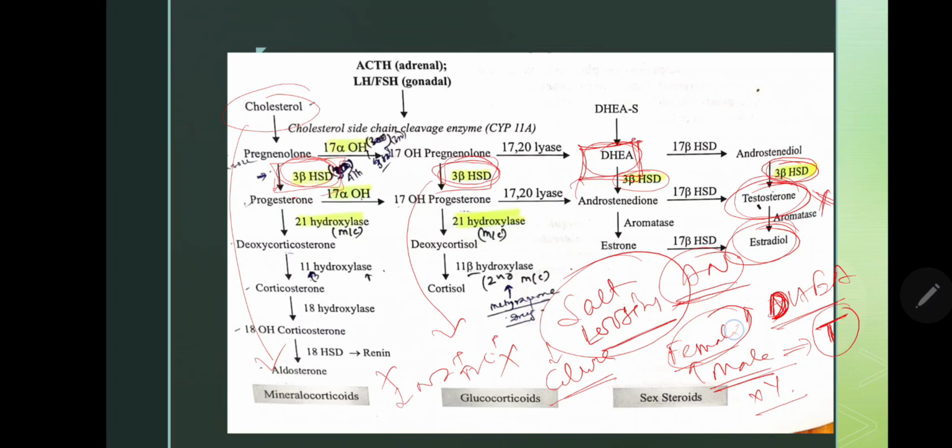The patient is genotypically female and phenotypically also female, but as the androgen hormone is increased, there may be ambiguous genitalia, or as the DHEAS hormone is increasing, the patient may present with precocious puberty, and also with secondary muscularization.